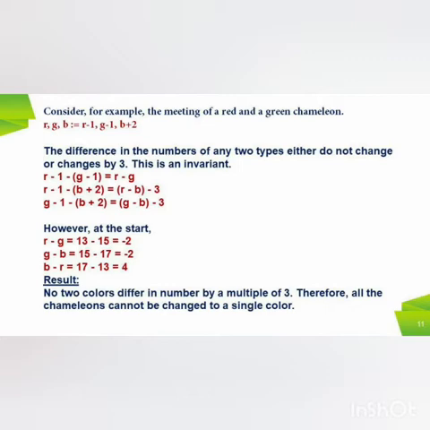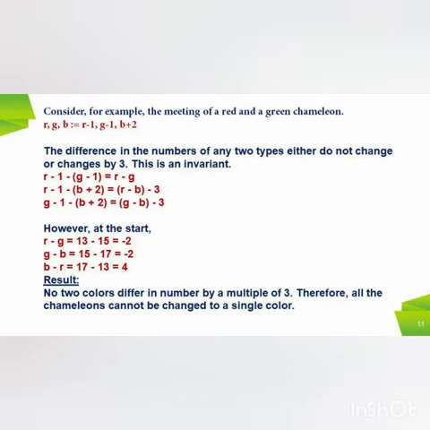R, G, B. R means red, G means green and B means blue color. So, R, G, B is equal to R minus 1, G minus 1 and B plus 2. Red and green will be decremented by 1 and B will be incremented by 2, because red and green color will be changed to blue color. So, R minus 1, G minus 1 and B plus 2.